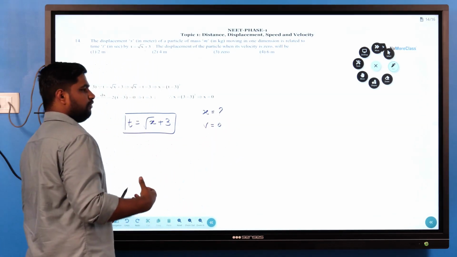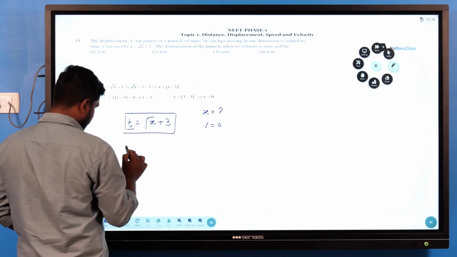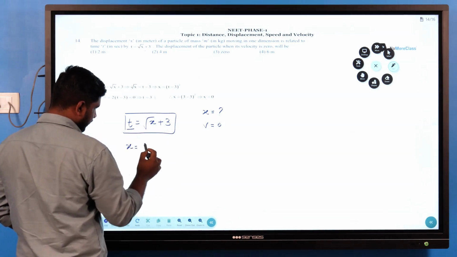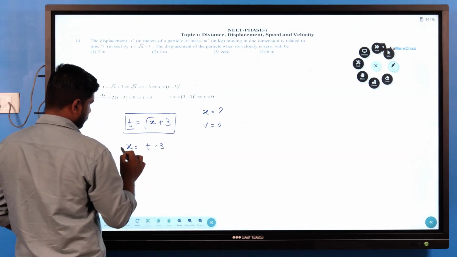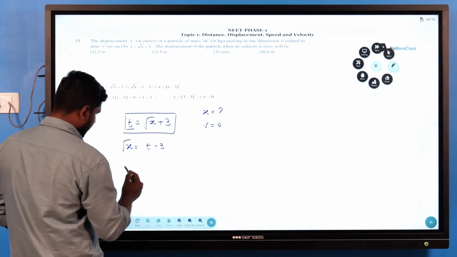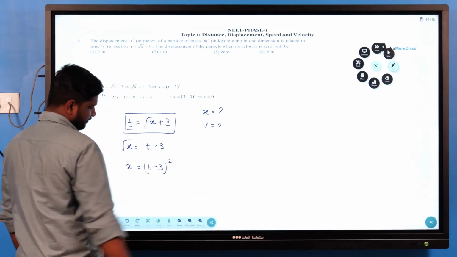First we have to find the relation between velocity and time. So we know that x will be here. We will put that equation. √x will be t − 3, and x will be (t − 3)².